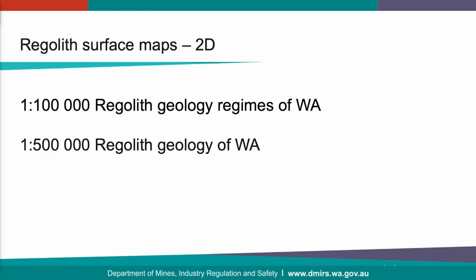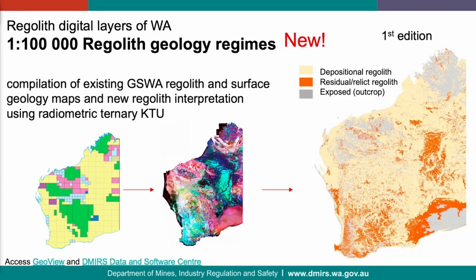Okay, we have two state layers. The first one has been mentioned quite a few times today: the 100,000 regolith regimes. And we have a 500K layer that shows the regolith in a little bit more detail. First, the regolith regime layers.